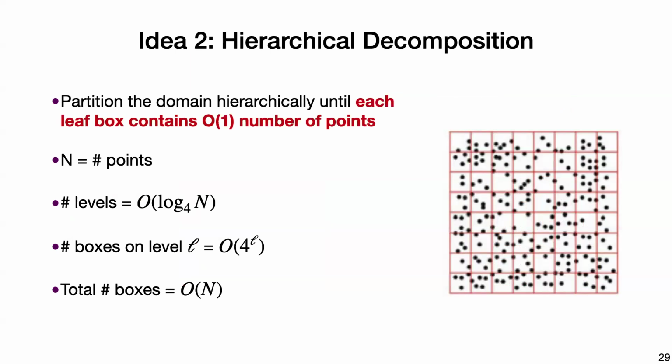You have n points. You have log base 4 levels, because every level cuts you down into 4 quadrants. The number of boxes on level L is 4 to the L, and the total number of boxes is order n.